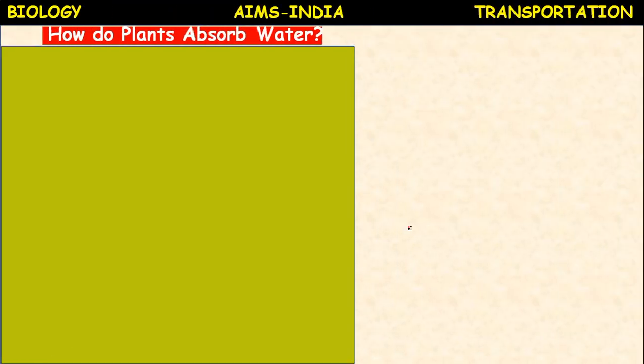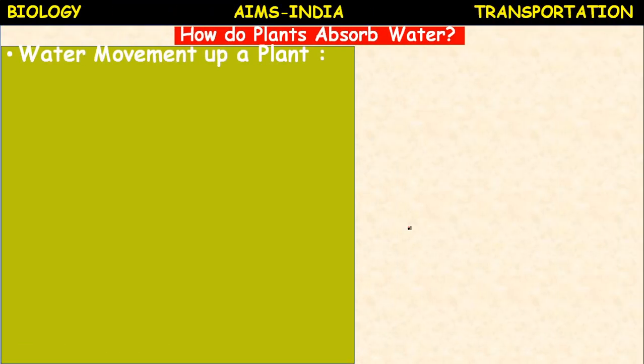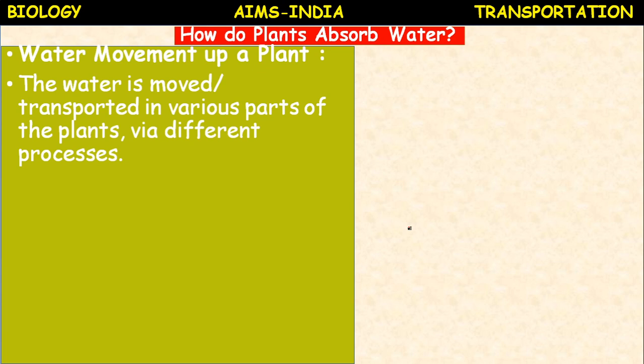Next, water movement up a plant. It is called translocation of water. Water is moved, transported in various parts of the plants via different processes.